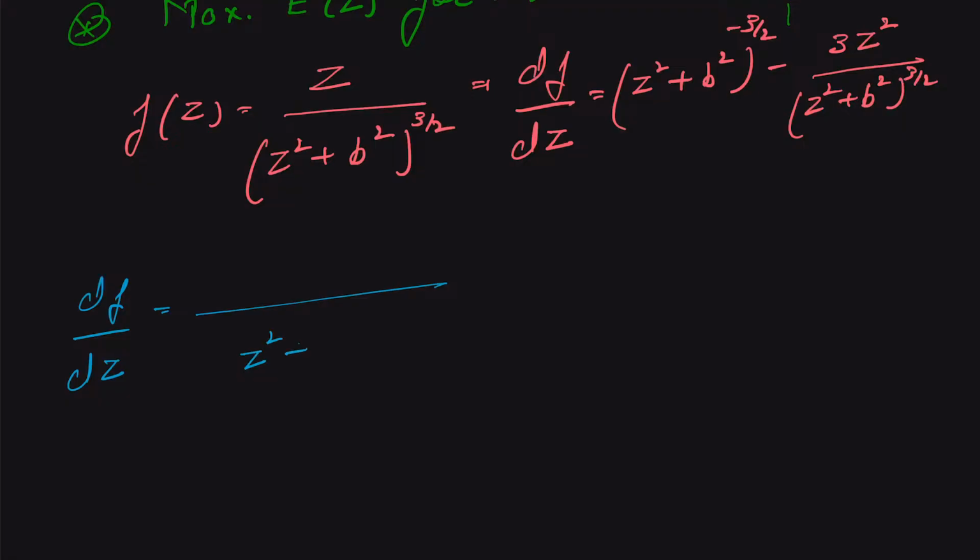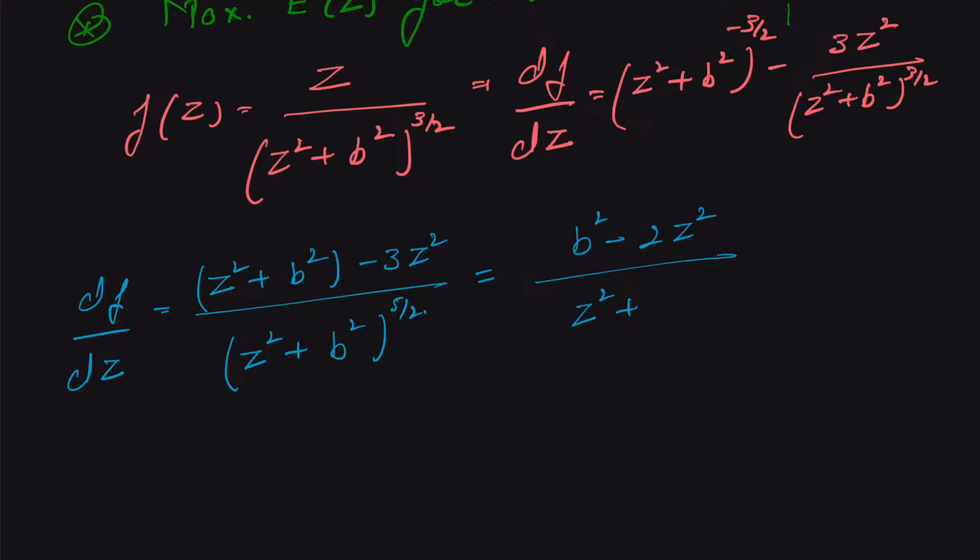So this comes as (Z square plus B square) to the power 5 by 2, and Z square plus B square minus 3 Z square, which will be B square minus 2 Z square, over (Z square plus B square) to the power 5 by 2.